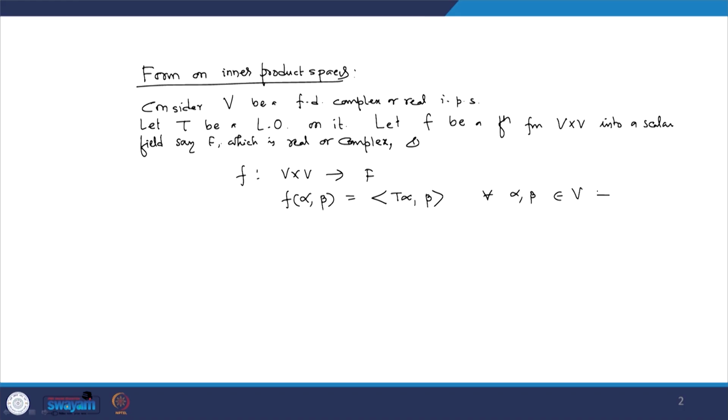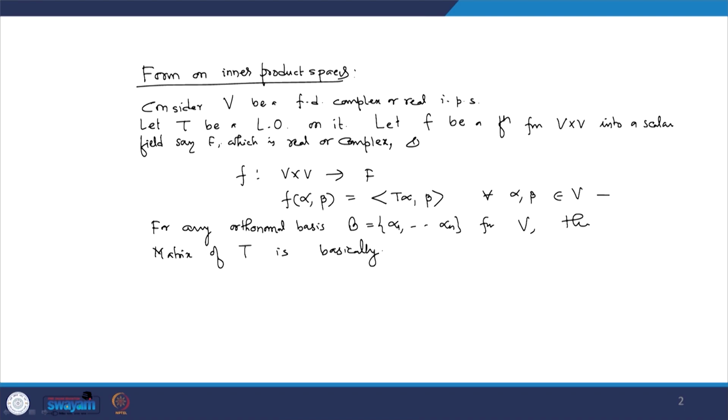So, if I define a function like this, we will see that for any orthonormal basis B equal to alpha 1 to alpha n for V, the matrix of T can be written as f of alpha k alpha j equal to a jk, where the matrix representation of T with respect to this orthonormal basis is the matrix A equal to a jk.